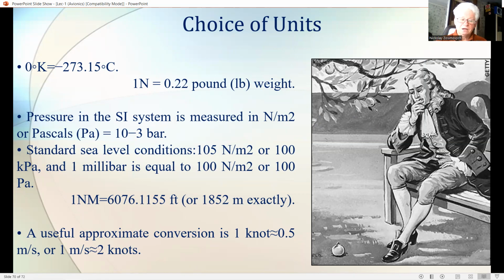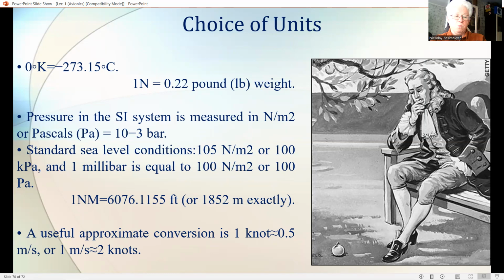The millibar, which is equal to 10 to the power minus 3 bar, is also widely used, the bar being derived from barometry. 1 bar corresponds to the atmospheric pressure under standard sea level conditions and is equal to 10 to the power 5 Newtons per square meter, or 100 kilopascals, and 1 millibar is equal to 100 Newtons per square meter or 100 pascals.